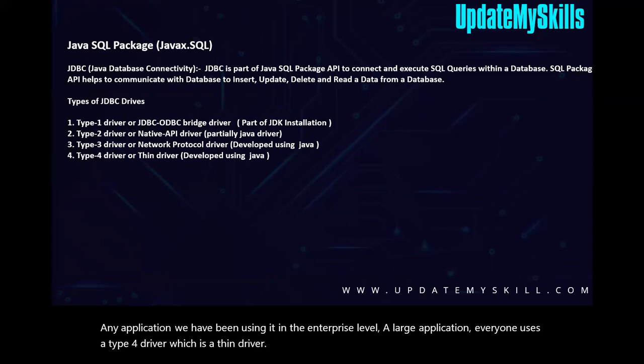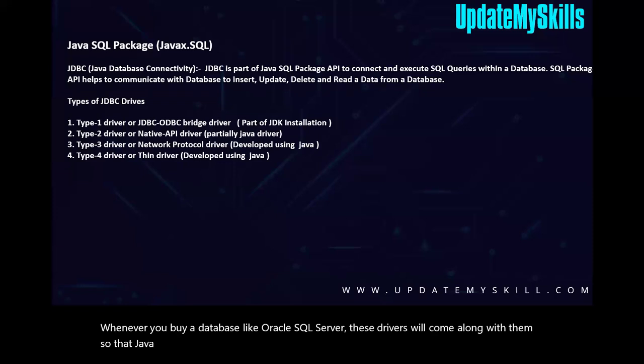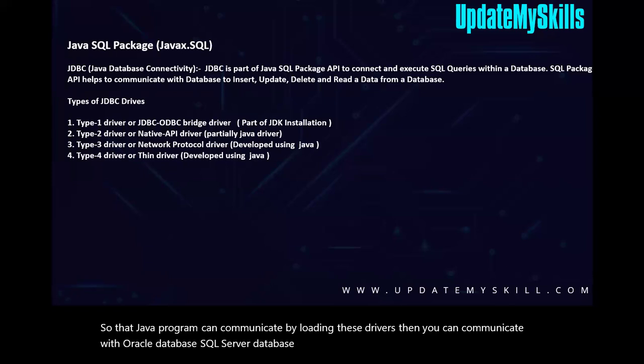Whenever you buy a database like Oracle or SQL Server, these drivers come along with them so that a Java program can communicate by loading these drivers. Then you can communicate with the Oracle database, SQL Server database, and Postgres database. There are hundreds of databases in the market.